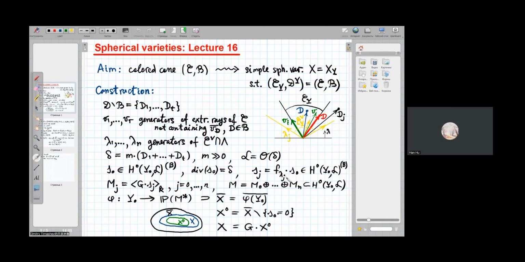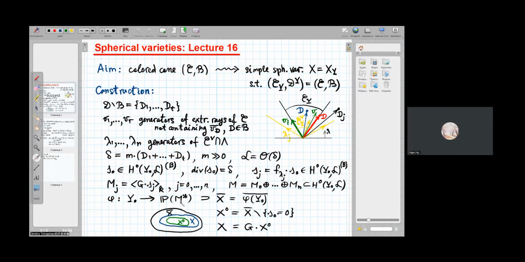And therefore, it takes positive values on the ratios Sj over S0. In other words, we can extend a G invariant valuation to a bigger field. If we extend V to the fraction field of the algebra of sections of all powers of L, as we did before, then the value of V at Sj is greater than the value at S0.